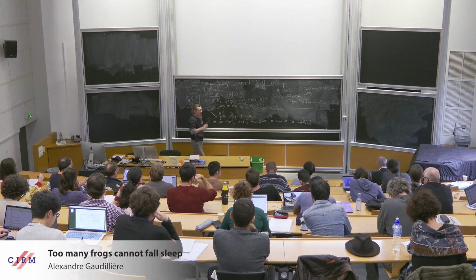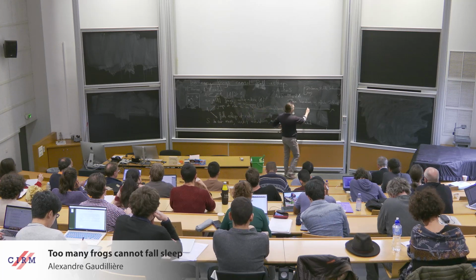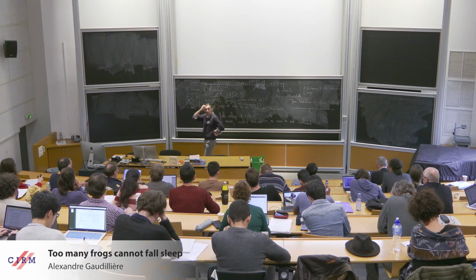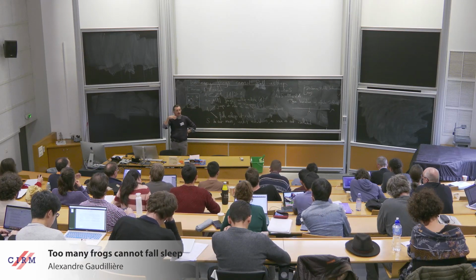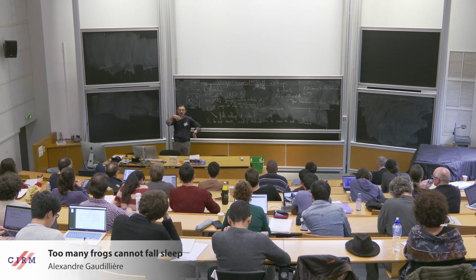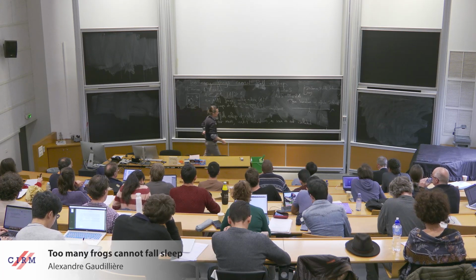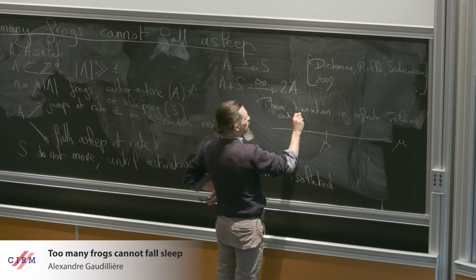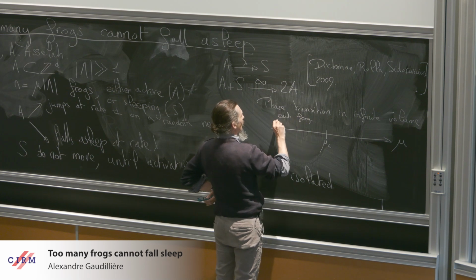This means that if you put the density mu on a line, there will be a critical value below which you will have fixation. Frogs will eventually stop moving. Each frog will eventually stop.